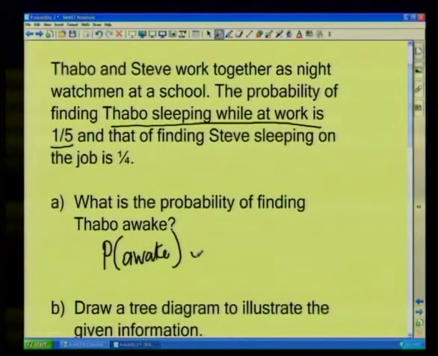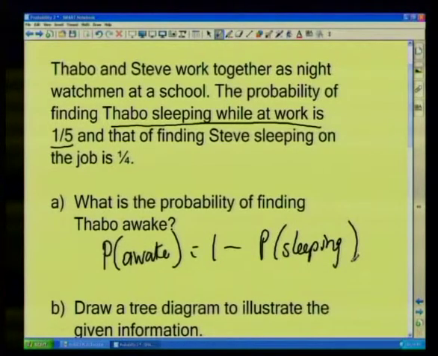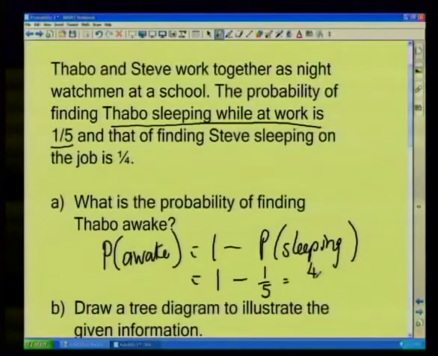So the probability of him being awake is going to be equal to 1 minus the probability of him sleeping. 1 being a whole, so it's going to be 1 take away 1/5. 1 could be written as 5/5, take away 1/5 is going to be equal to 4/5.